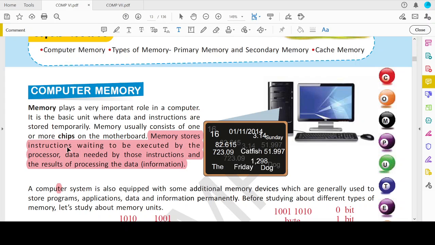So all these instructions are resident in the primary memory, which are being executed by the processor. So memory stores the instructions that are waiting to be executed by the processor. Now these are the instructions that are there on the primary memory. As soon as I click, the instructions will be executed.